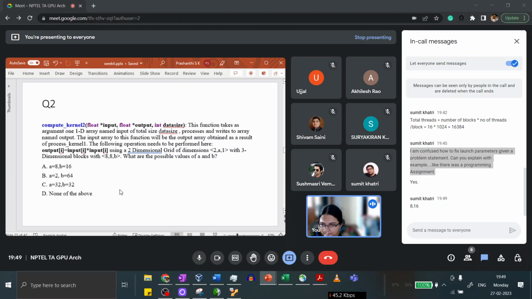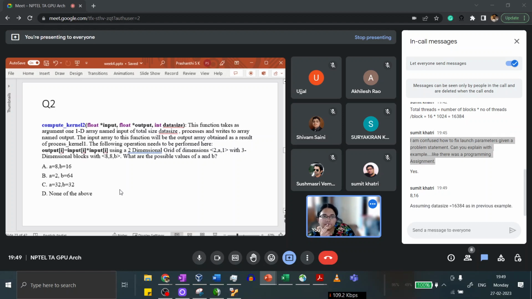Okay, 8 comma 16, we have one answer. Right, the data size is 16384 as in the previous example.